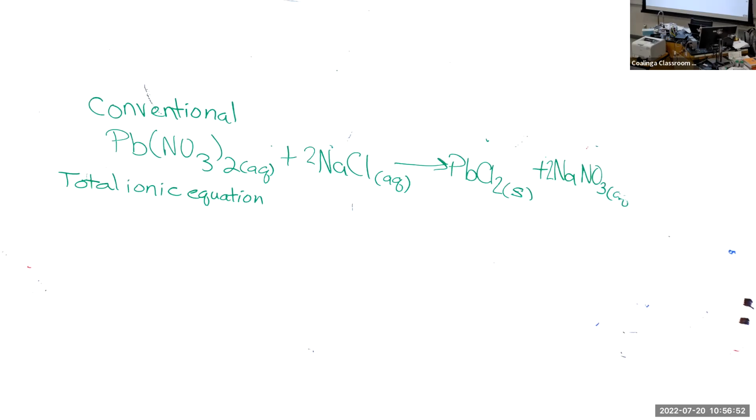So what will be the ions that lead nitrate dissociates into? Okay, the Pb, what's the charge on Pb?